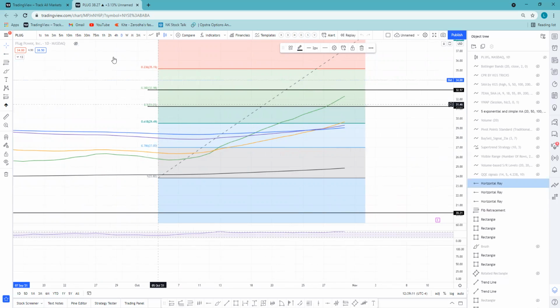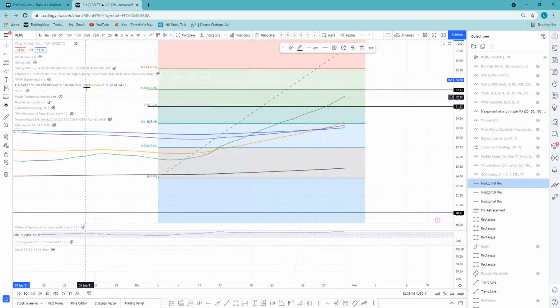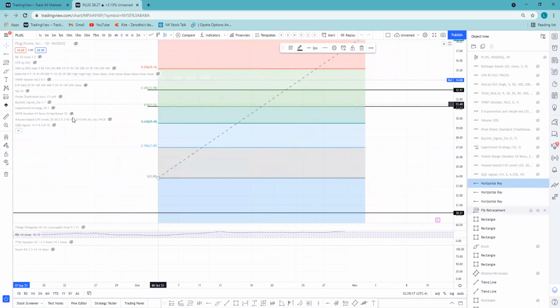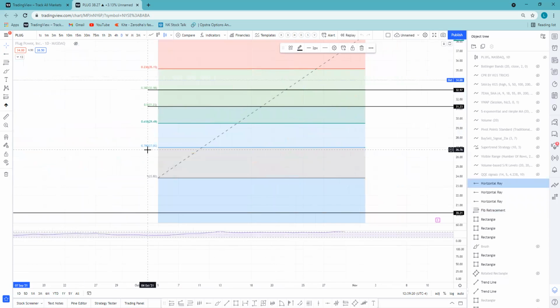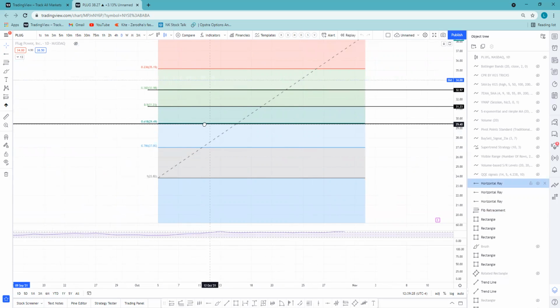If you see here, I'm going to put this off too. Just going to show you the numbers for the Fibonacci. If you see here, this is 78, 61, 50, 38, 23. What I did was, whenever you see a different color, I put the line. That's it. Just put the line.